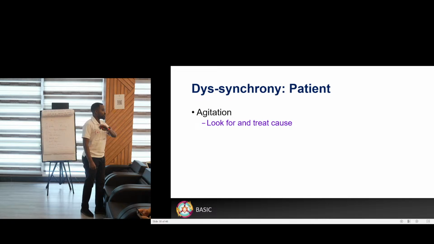A completely paralyzed patient on assist control mode will do just fine. But now you have a patient who is not paralyzed, and you are trying to wean them off.